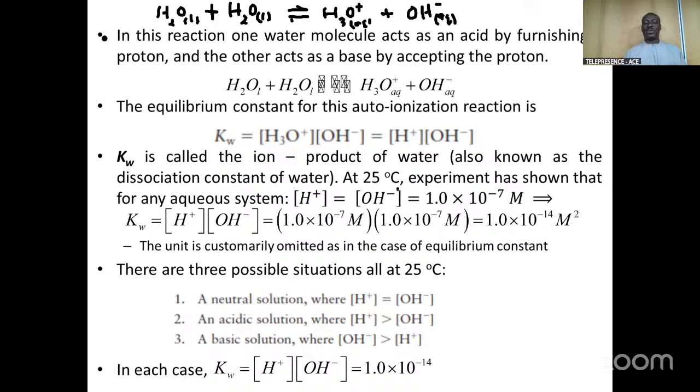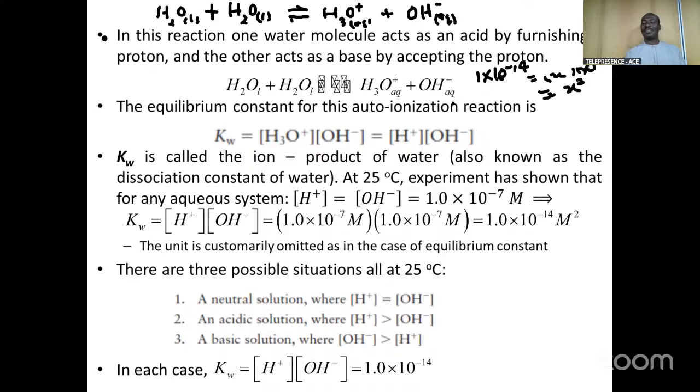All right. So since the value is 1 times 10 to the power minus 14, and according to the stoichiometry of the reaction, the amount of this in solution is equal to the amount of this in solution. Let's call it X. So we are saying that 1 times 10 raised to the power minus 14 is equal to X times X, which of course will be equal to X squared.